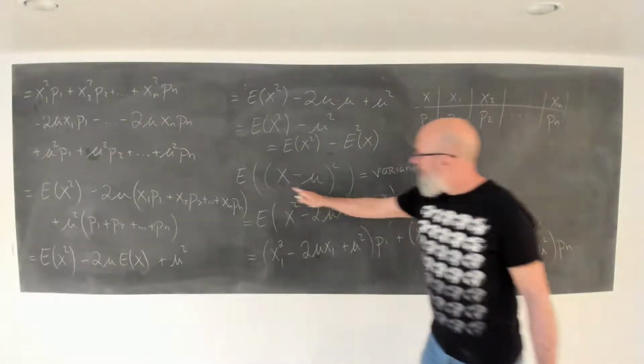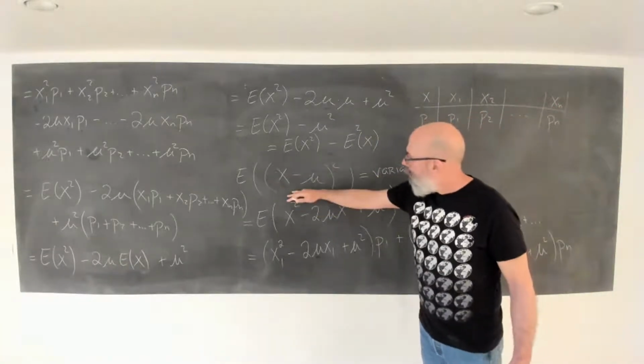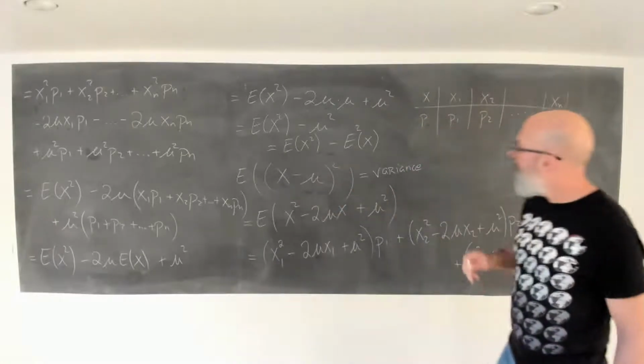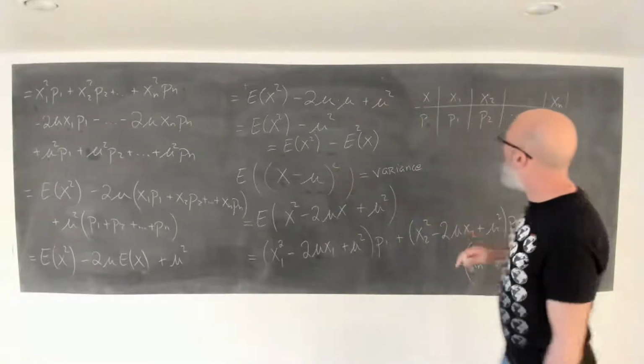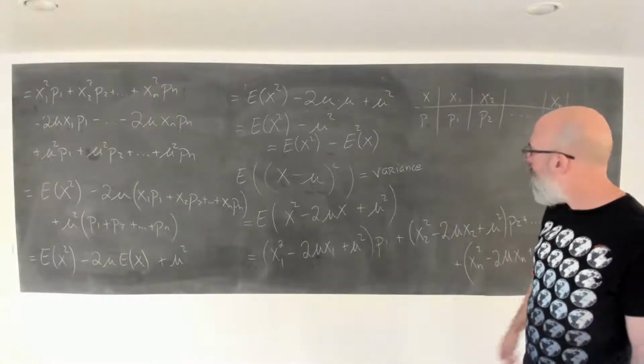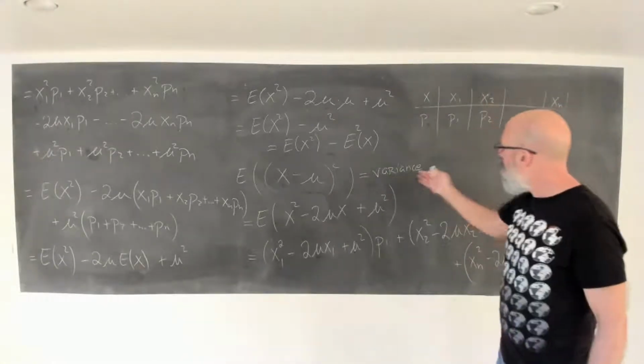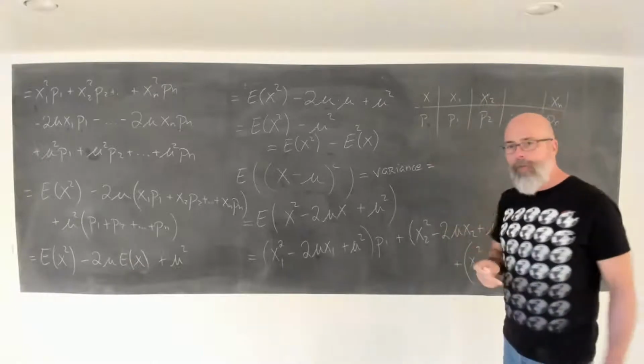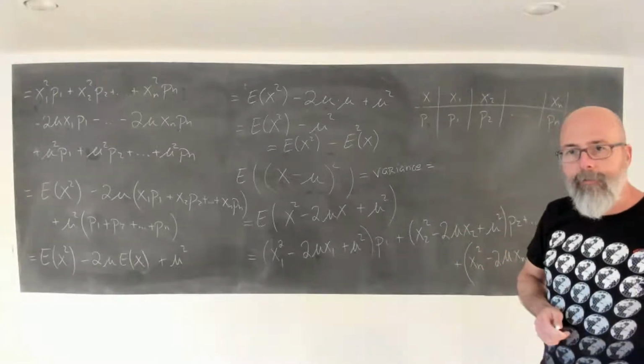Since this is the expected value of a positive term, because it's squared, times the probabilities, which are themselves always positive, this variance is something that is always positive.